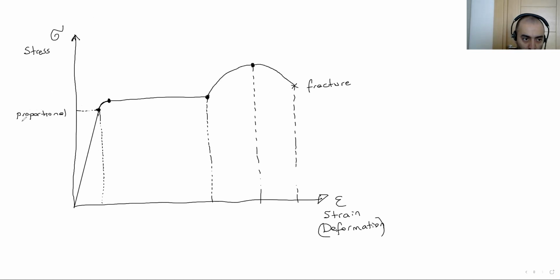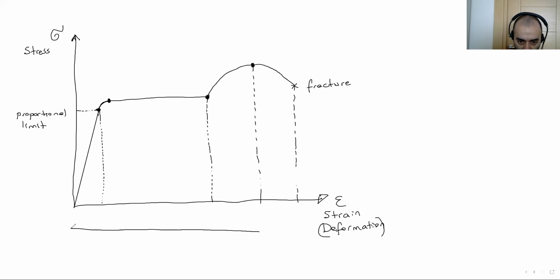In Turkish, orantılılık sınırı. This point is end of the linear behavior. Until this point, our stress and strain behave linearly. There is a linear relationship between stress and strain here.